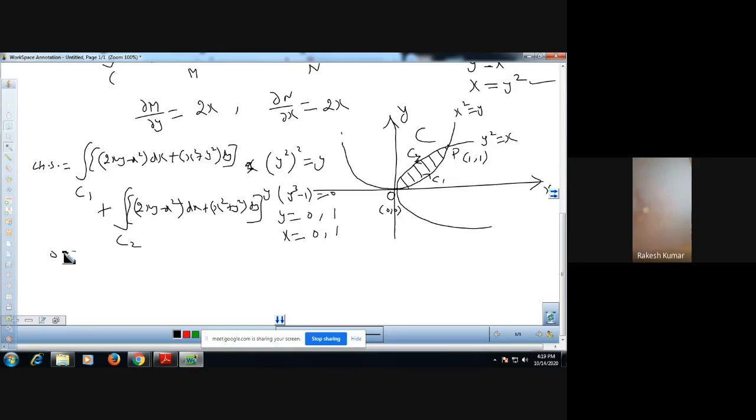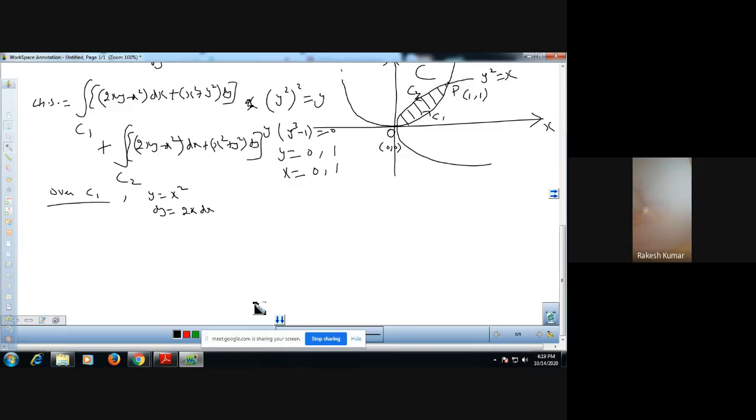Now over C1, what is your curve C1? You just see, O to P is C1, and this is the curve y equal to x square. So if y equal to x square, dy equal to 2x dx. This will be the derivative over C1.